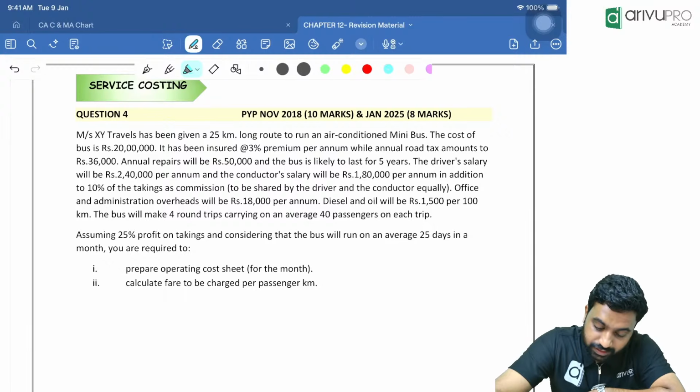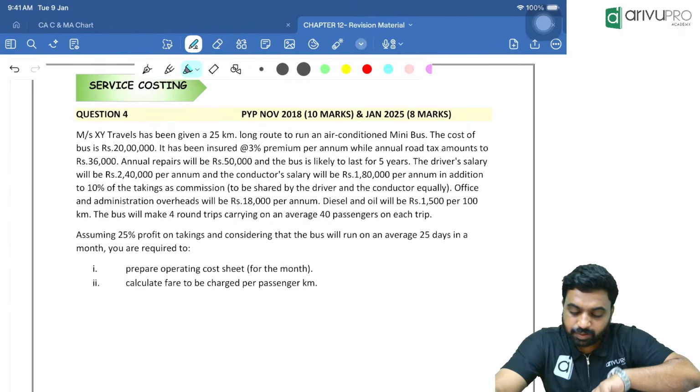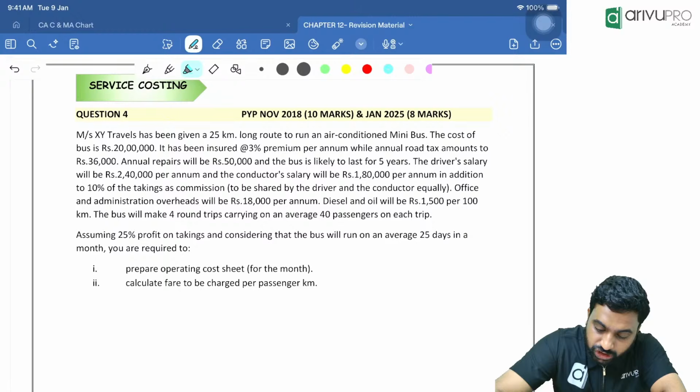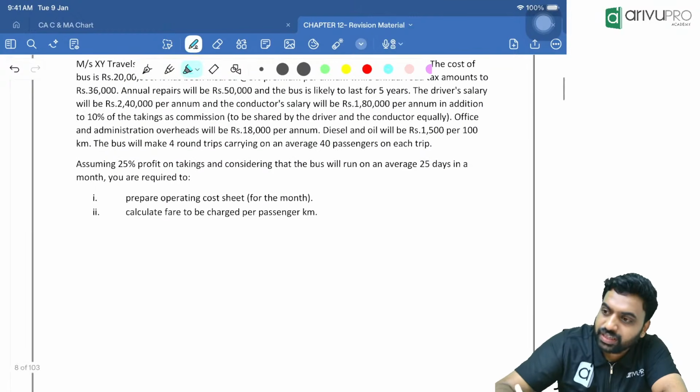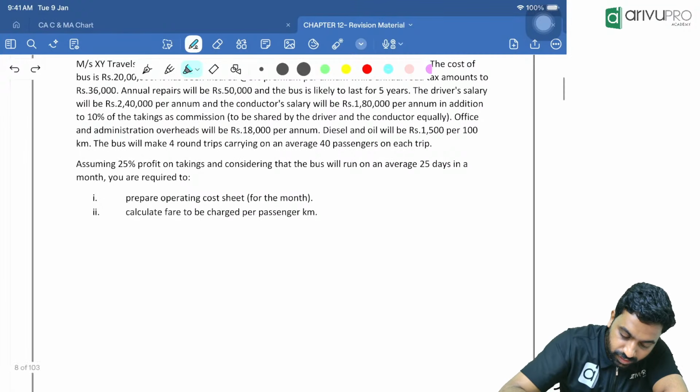It has been insured at 3%. First, they're asking to prepare an operating cost sheet for a month. Insured 3% per annum, so 20 lakh into 3% is 60,000.